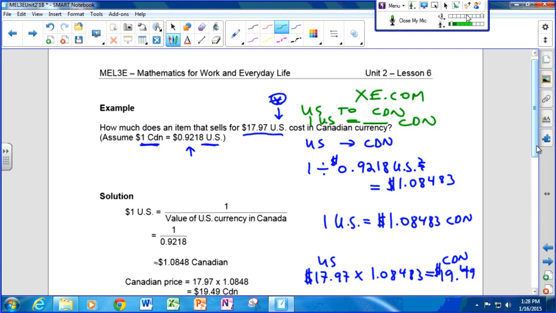And really, this conversion, the second one, is the most valuable to you as a cross-border shopper or as an online shopper, right? So if I'm looking at a pair of snowshoes at MEC in Winnipeg, and it's going to tell me how much they're in Canadian, right? Let's say they're $100 Canadian. Okay, so then I go online and I find the same snowshoe, and it's $90, right, US.